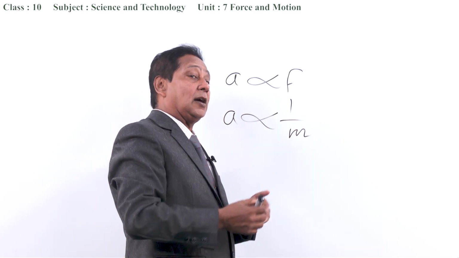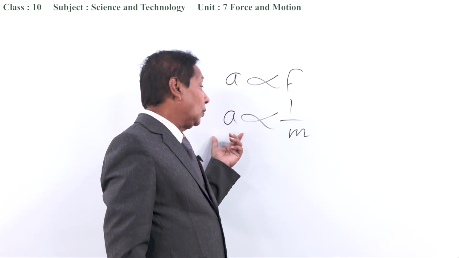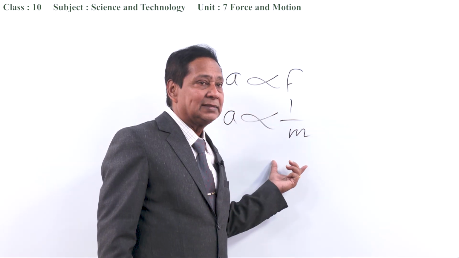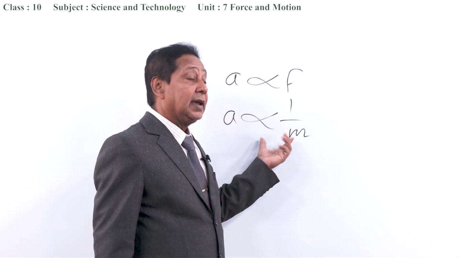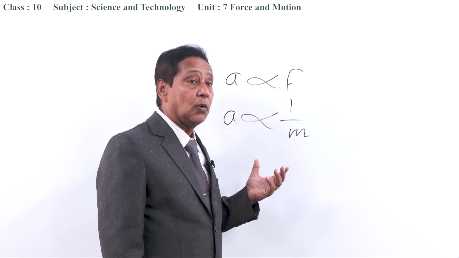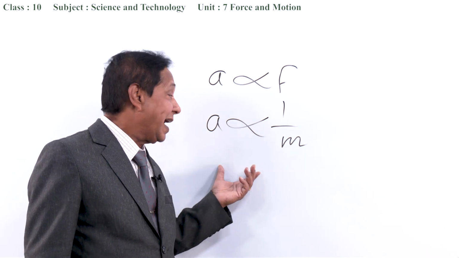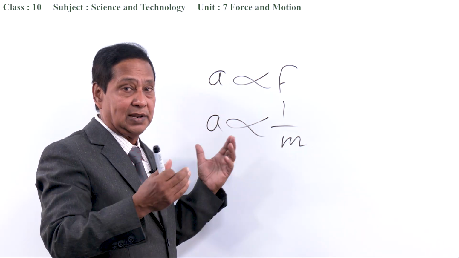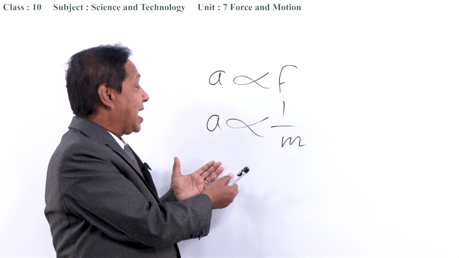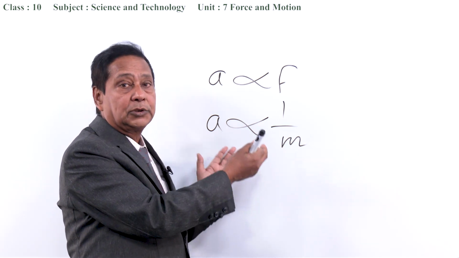If we apply the same force on less mass, the acceleration will be more. And if we apply the same force on greater mass, the acceleration will be less. This relation is just the opposite, in which we say that acceleration is inversely proportional to mass.